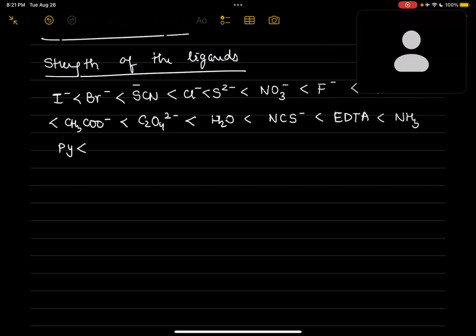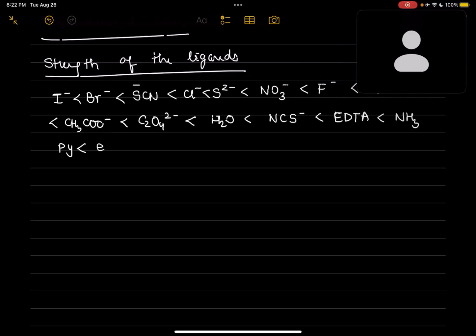Got it? What is the formula of pyridine? Can you tell me? C5H5N. It is just like a benzene ring with one nitrogen. Got it?